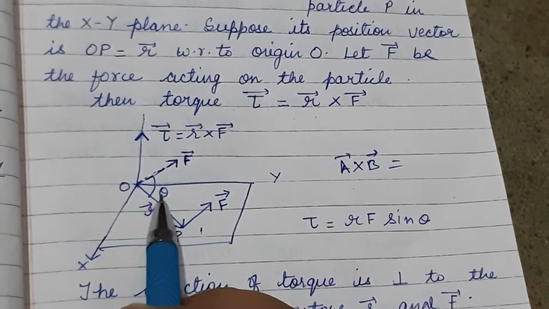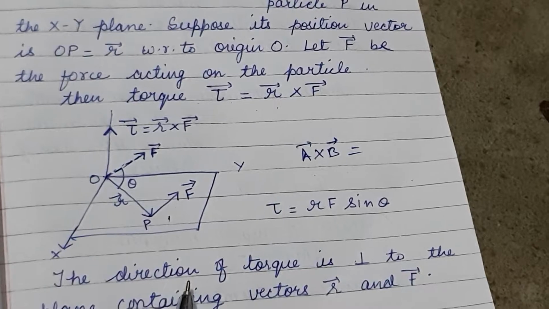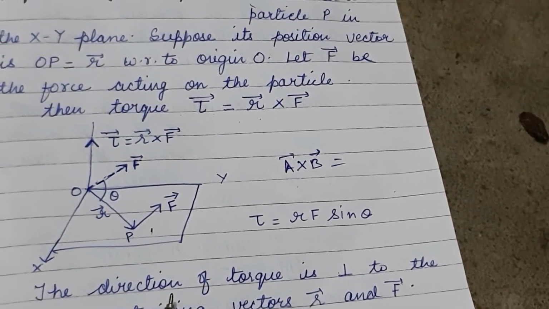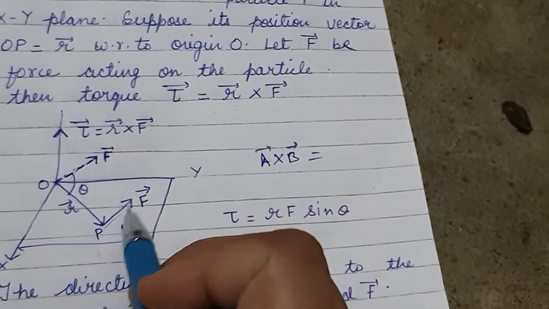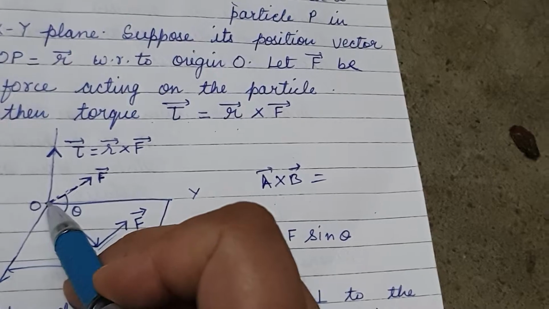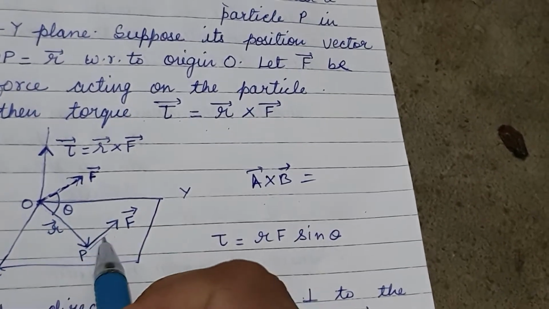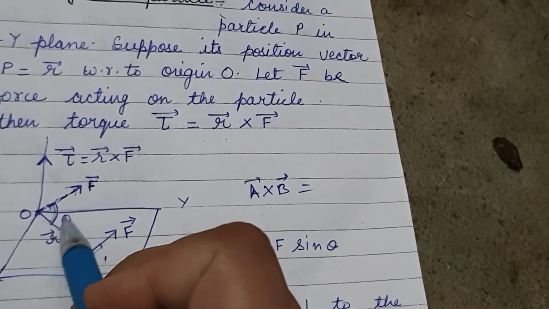To find out the direction we can use the right hand thumb rule, or screw rule. So this is the direction of r, and the direction of F is this, or we can draw at this point a force F. We have shifted this force here, and the angle between these two is theta.